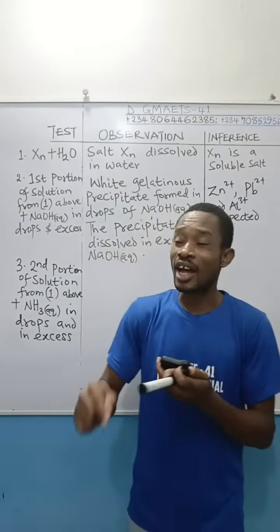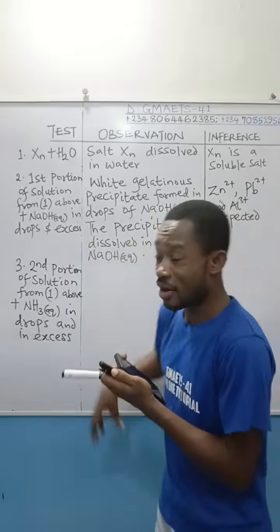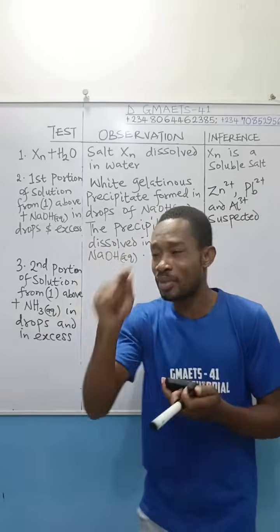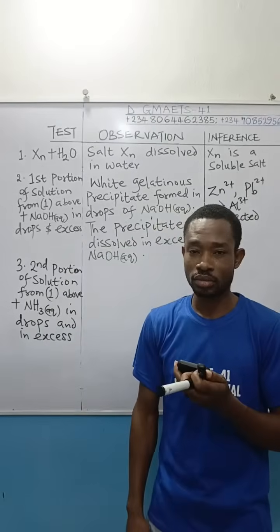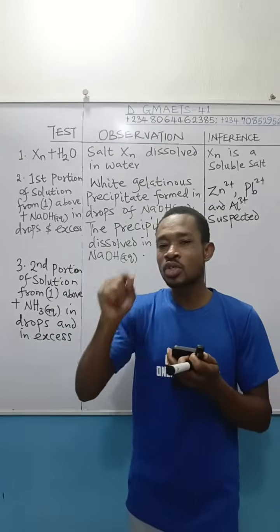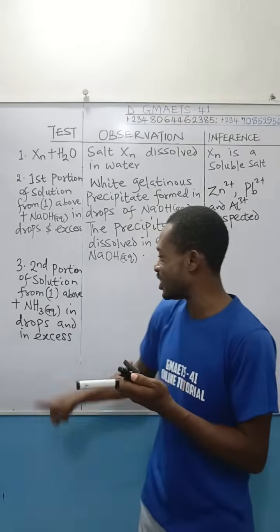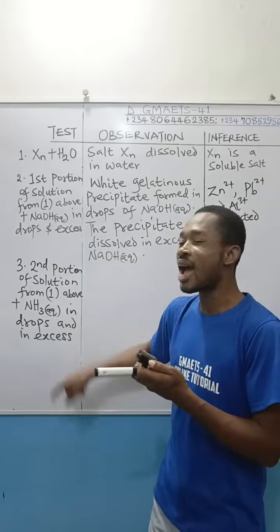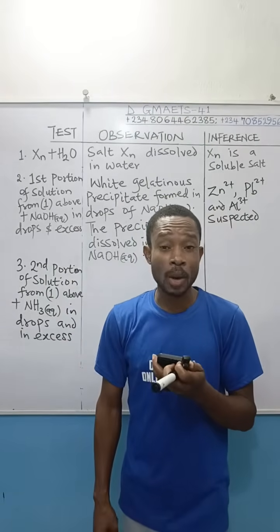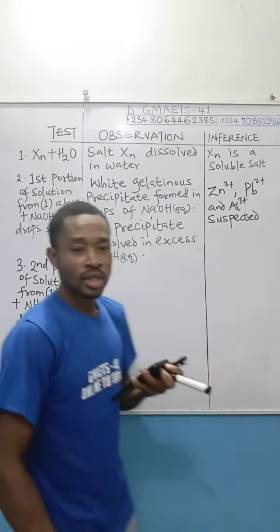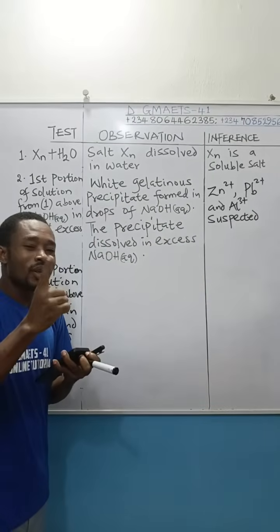It simply means that for cations in this experiment, the instruction terminated with the second portion. And because the instruction terminated with the second portion, and in that second portion, they said I should add aqueous ammonia in drops and in excess, there is only one thing possible here.